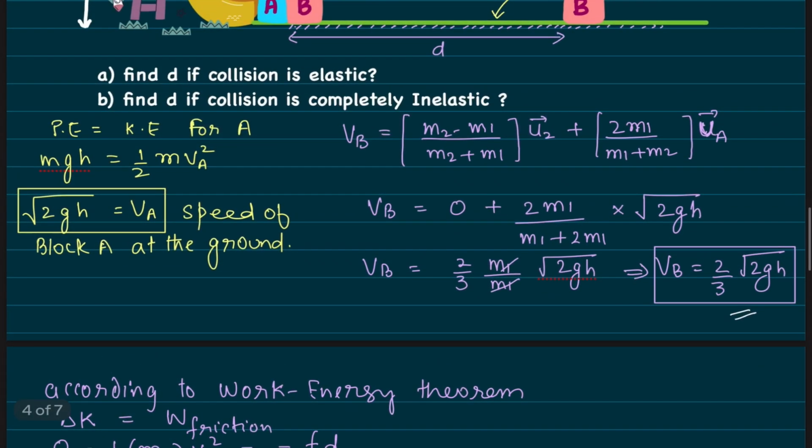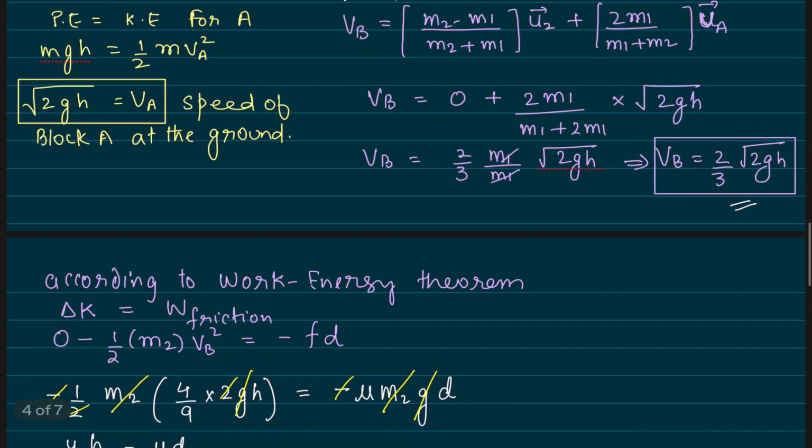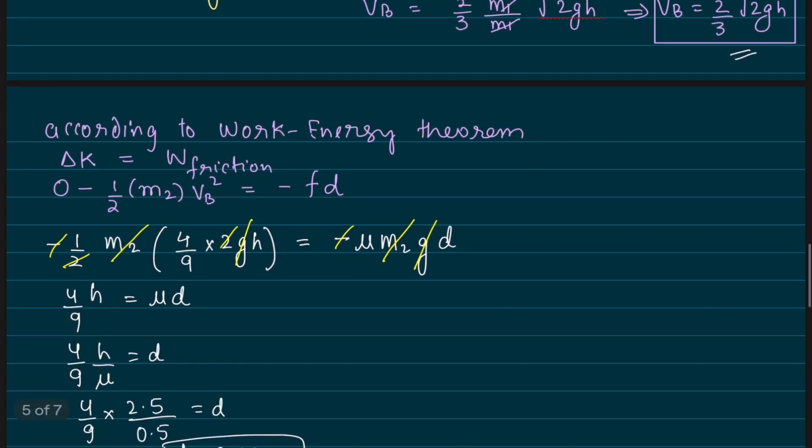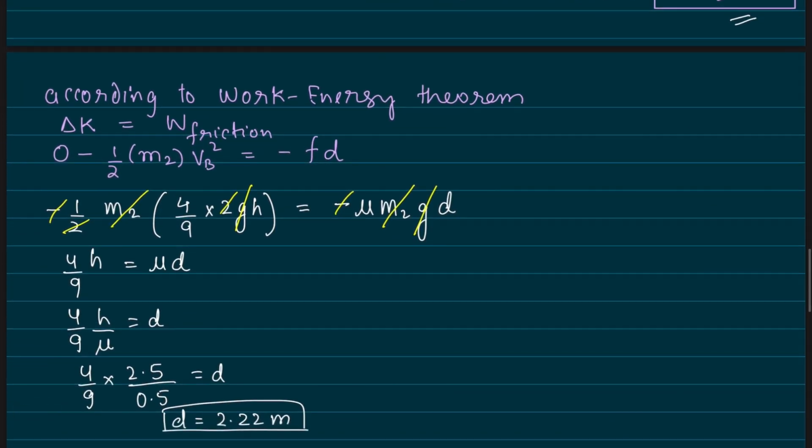Then part B, find d if the collision is completely inelastic. If the collision is completely inelastic, then according to the conservation of momentum, we can write m1 va, that is before the collision, is equal to m1 plus m2 times vc, because completely inelastic means they will stick with each other and move with some common velocity.